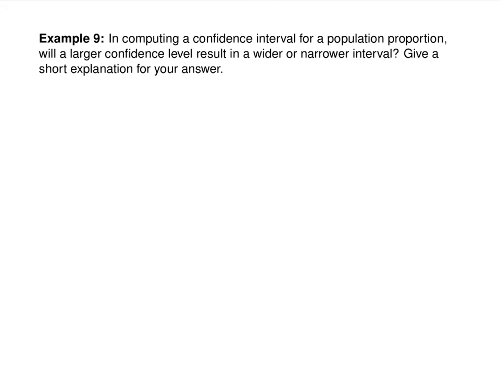In computing a confidence interval for population proportion, will a larger confidence level result in a wider or narrower interval? Give a short explanation for your answer. Okay, so say we have a 90% confidence level versus a 99% level.